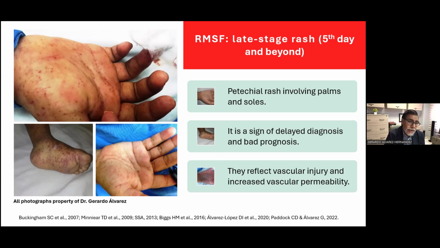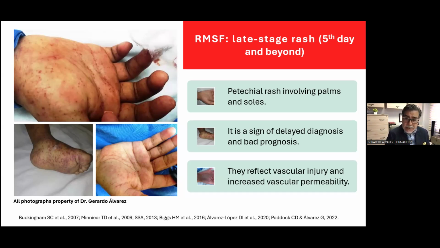You can see the petechial rash that usually appears and produces a very characteristic sign of the disease. The petechial rash involving palms and soles is a manifestation of delayed diagnosis, and often, and sadly, associated with a bad prognosis.